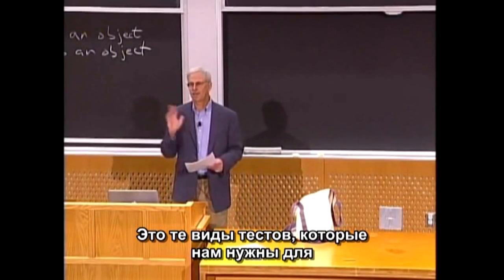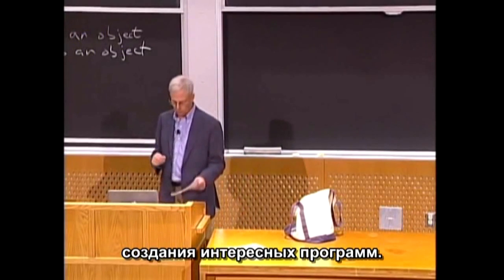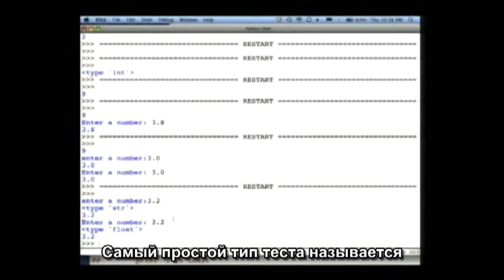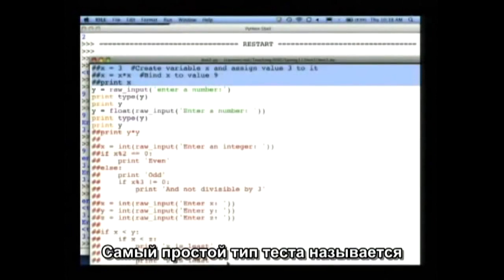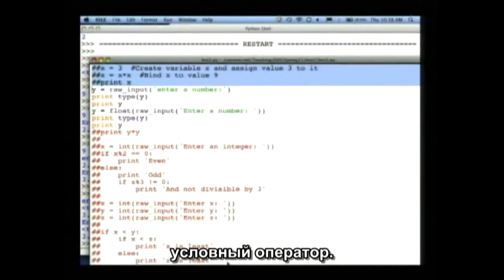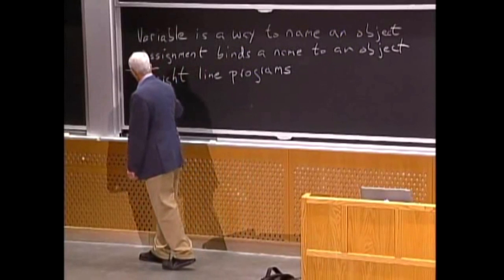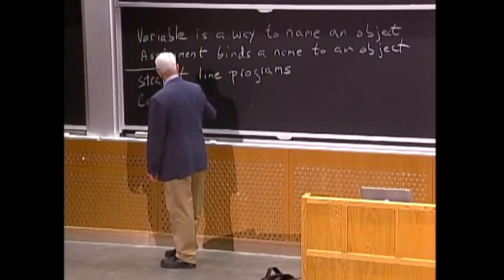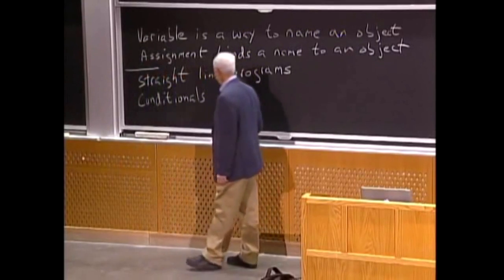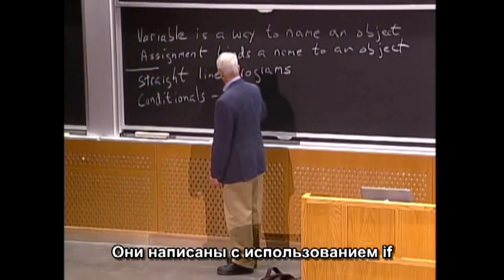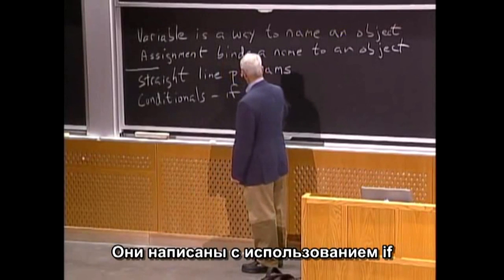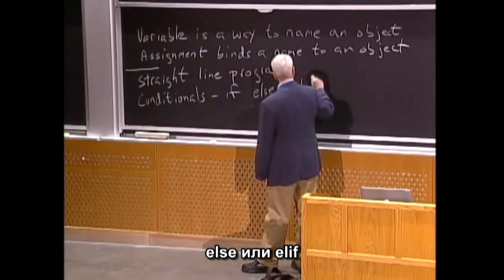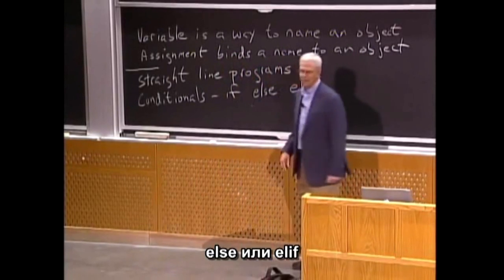Those are the kinds of tests we need to make interesting programs. The most primitive kind of test we see is what's called a conditional statement. And those are written using the word if, and optionally, as we'll see, the words else or elif, standing for else if.